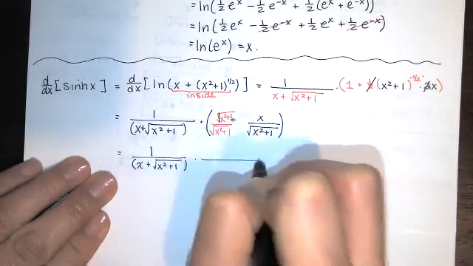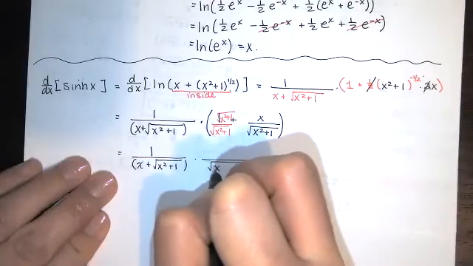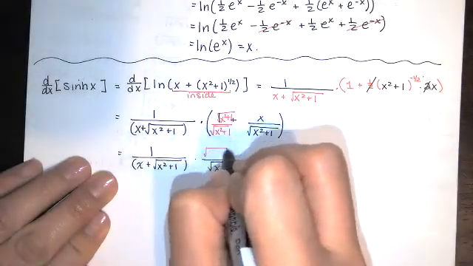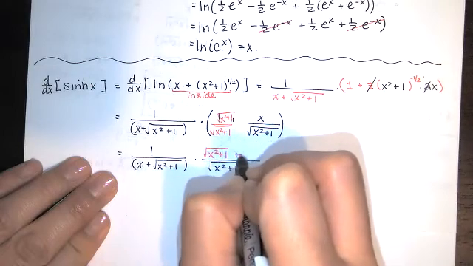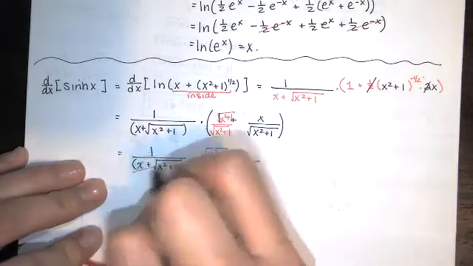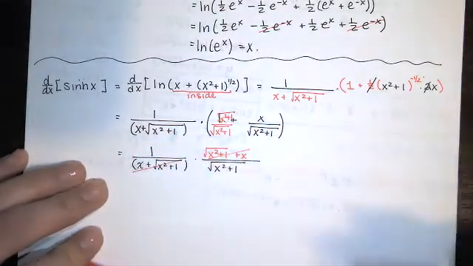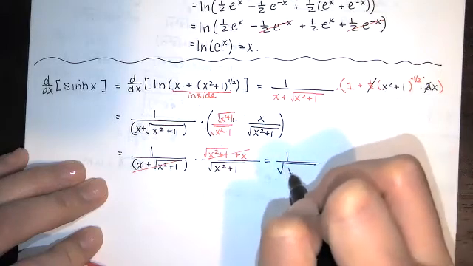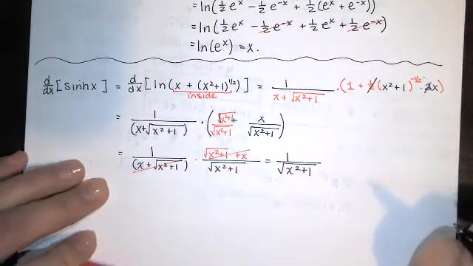It'll look a little bit better when I get that common denominator. So that numerator is the square root of x squared plus 1 plus x, and that's exactly what we have in this denominator. So those reduce, and we find that the derivative of the hyperbolic sine function is this.